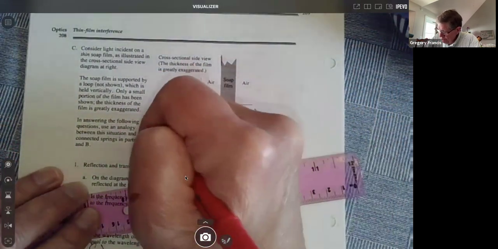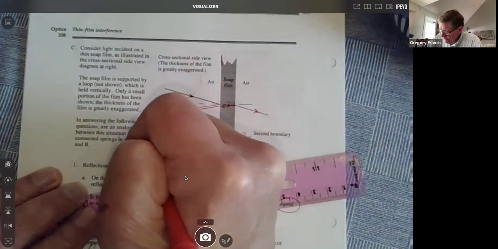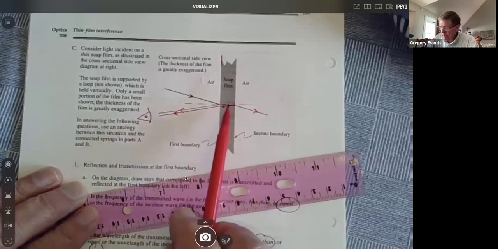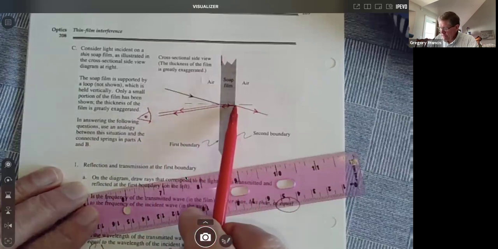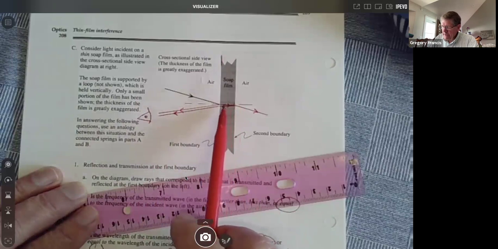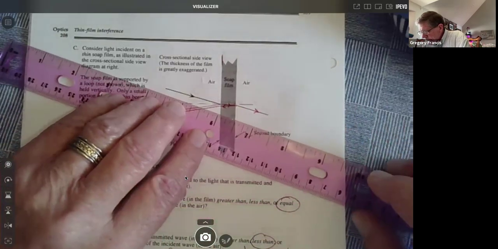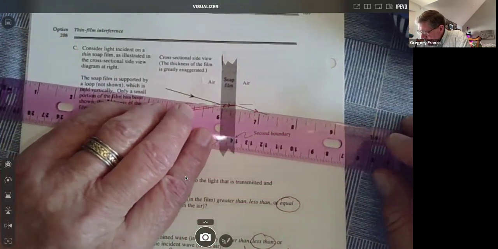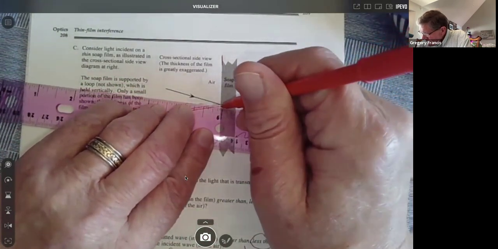And so if I put my eye here, I'm going to see those two rays coming back at me, one that's been bounced off the first surface of the soap, and one that's gone into the soap, come back, and then come out of the soap after bouncing off the back surface of the soap. And there will be some reflection that goes back here. Again, angle in is equal to angle out.